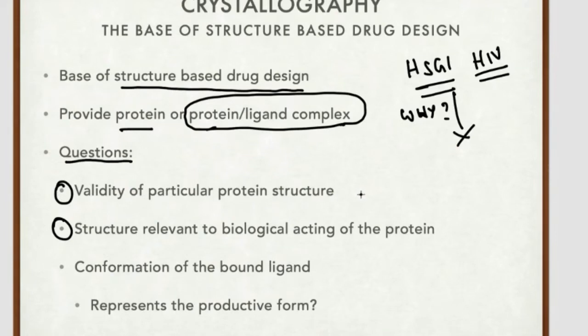You might have heard that some protein molecules are present in the active conformation, and the same protein molecule can be present in a different conformation called the inactive conformation. Some protein molecules, you might have heard, have an open conformation, some a closed conformation, right? So if you take any protein molecule from PDB, how is that structure relevant to the biological acting? How do we say that that conformation is the biologically active conformation?